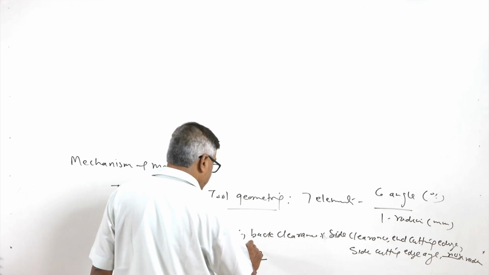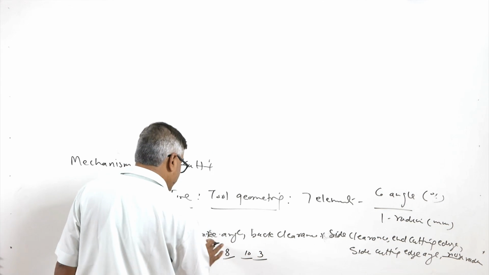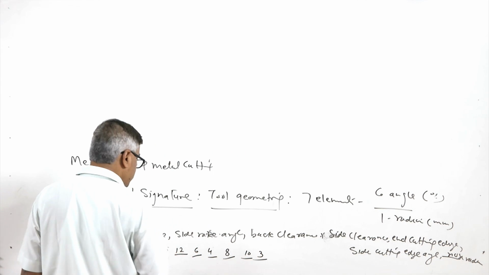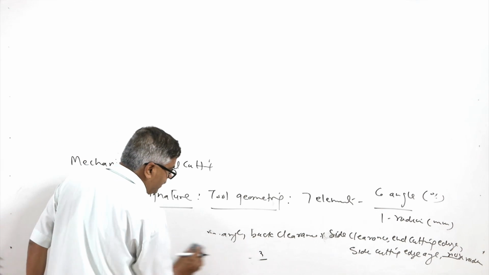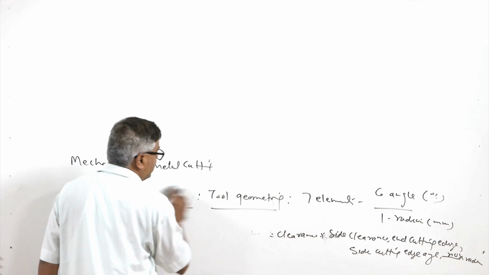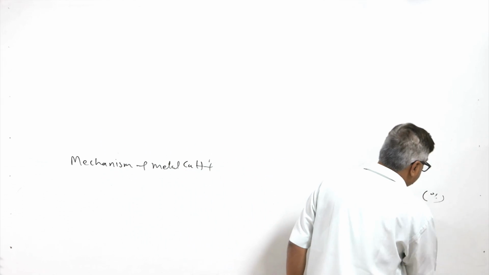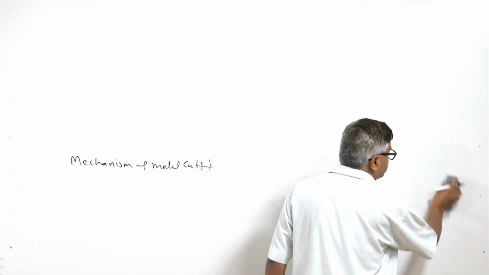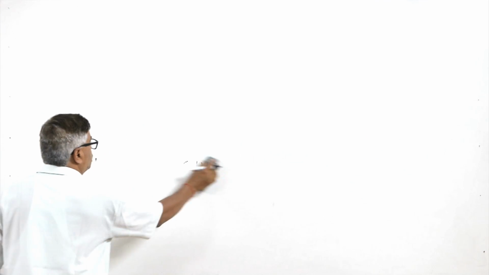All these are in degrees and the last one is in mm. Normally no sign is made with the tool signature. So, when we mention these numbers in a specific sequence, it indicates the specific angles of the tool. Basically the tool signature helps to understand the geometry of the tool.